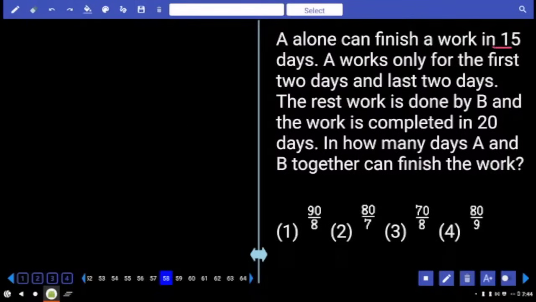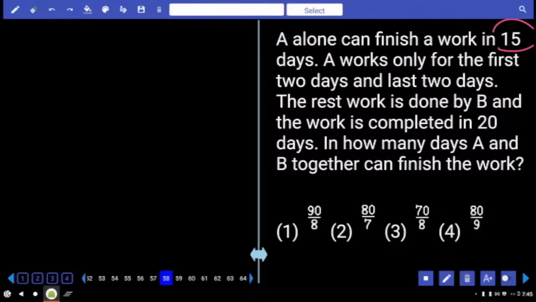See, we know A alone can complete the work in 15 days, but he is working for only the first 2 days and last 2 days. So how many days is he working? 4 days.